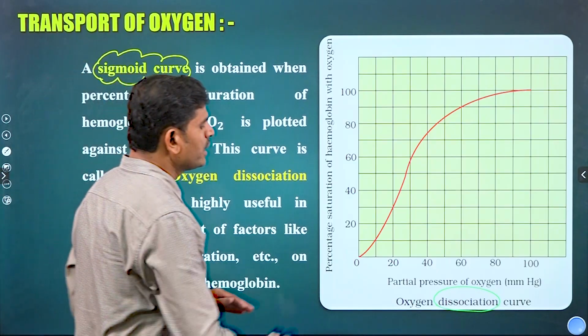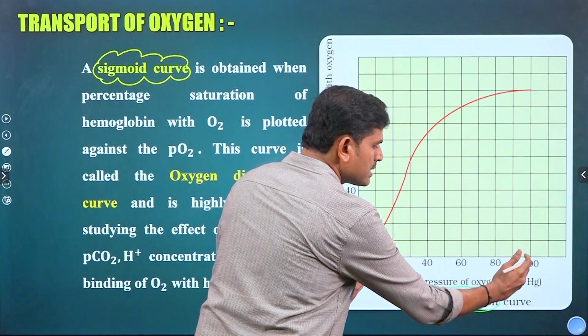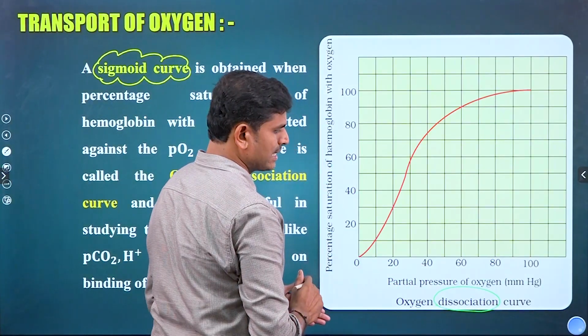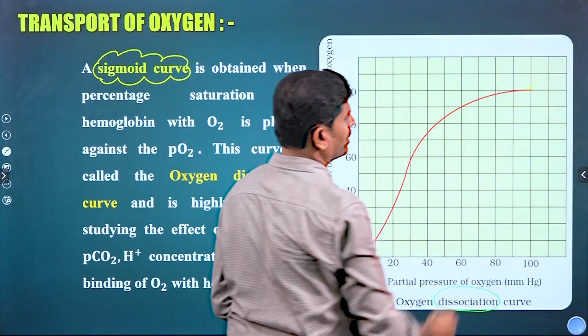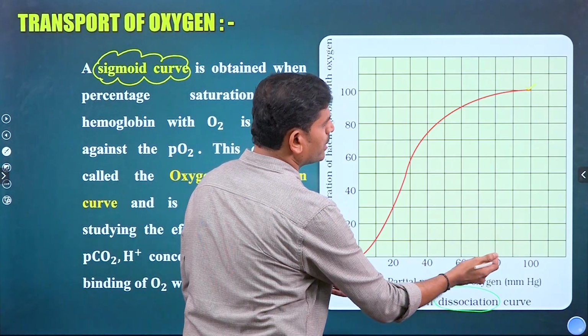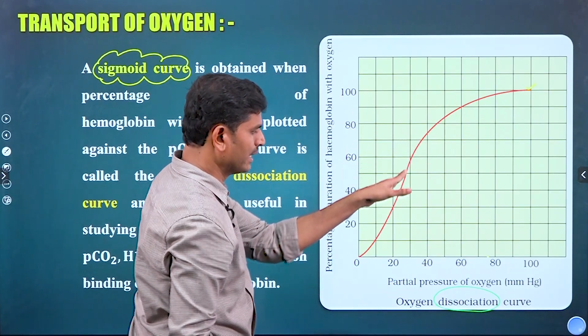So how will it be? When oxygen partial pressure gradually increases, the percentage of saturation also gradually increases. When it is 100, it is maximum, 100 at this point. उसके आगे saturation नहीं होते. When partial pressure decreases, the percentage of saturation also gradually decreases.